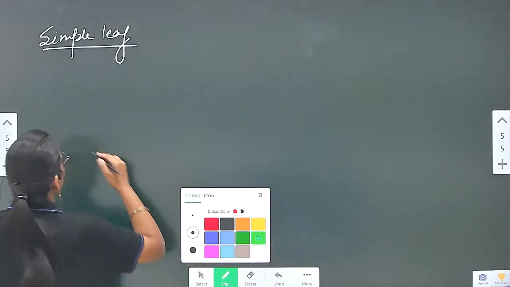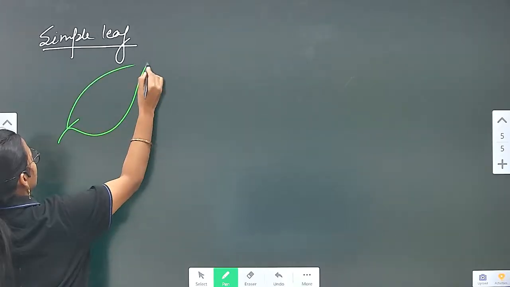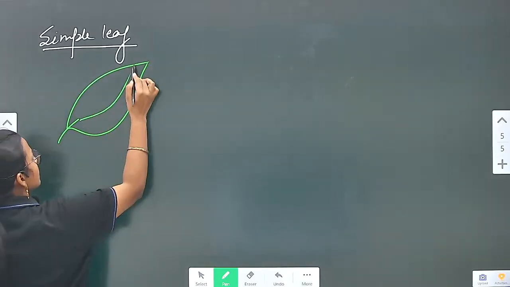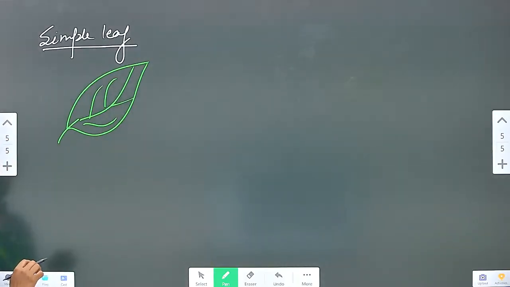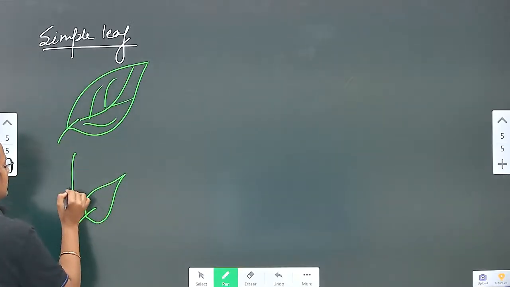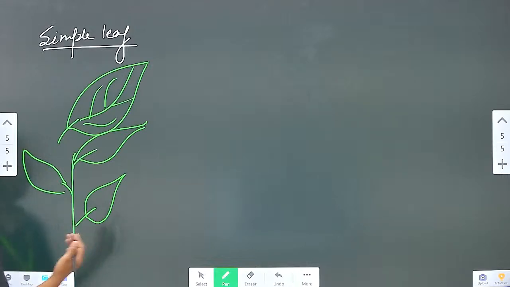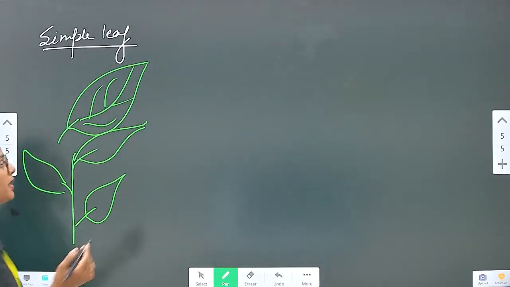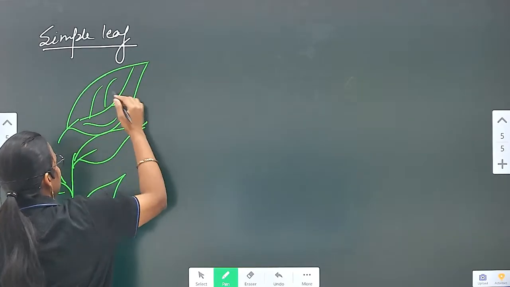If this is the leaf, this is one simple leaf. If the plant has such a leaf, then this is a simple leaf because the entire lamina is there.